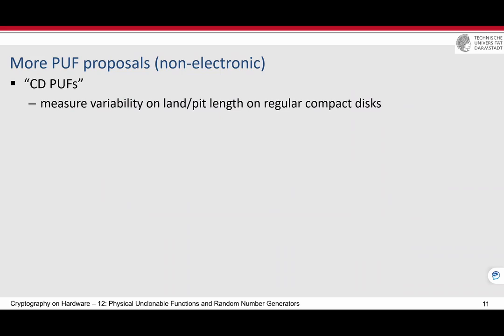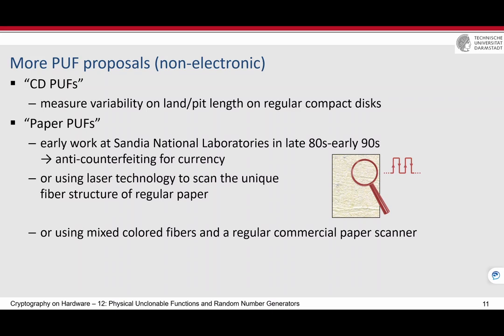And some other ones, like CD PUFs, measure the variability of land or pit length on regular compact discs, because how it's built and produced is not the same for every disk or every CD. And there are some other PUFs based on paper.